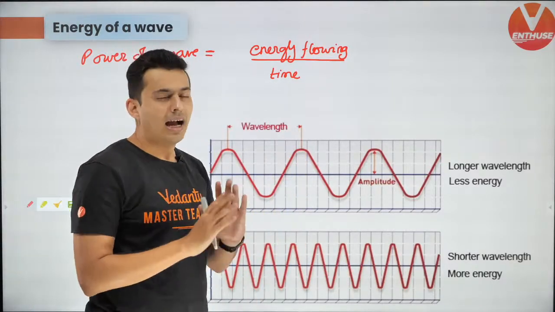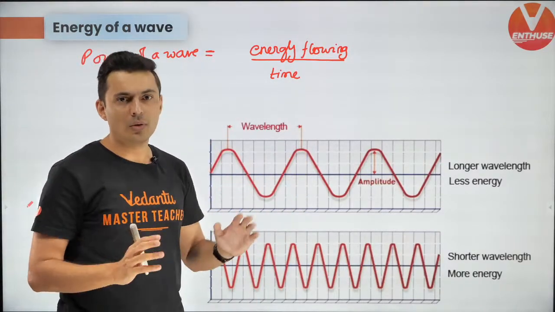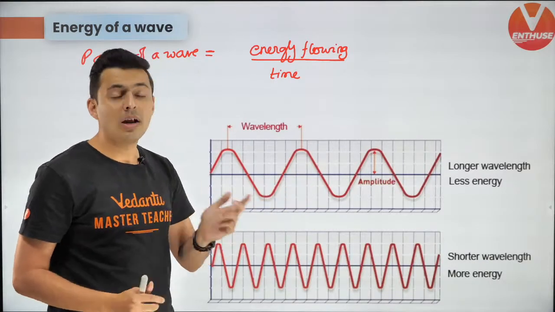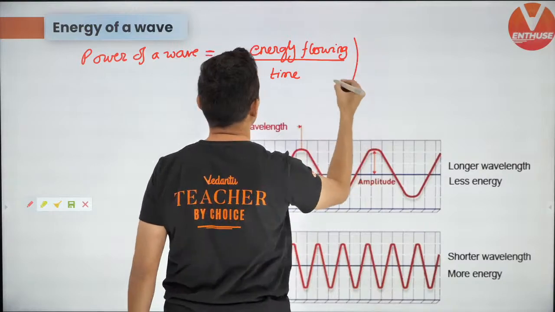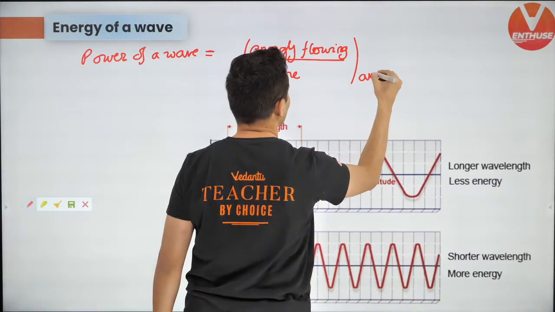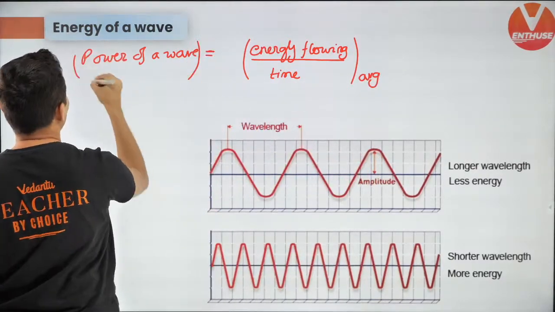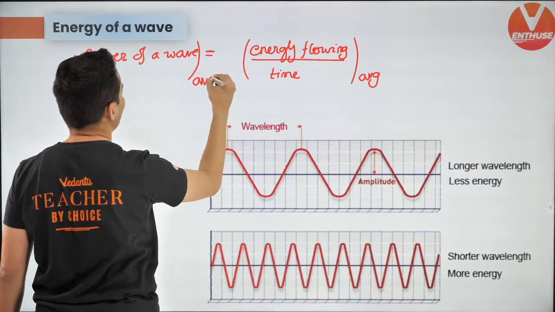Now the problem is, usually I don't want the energy flowing per unit time. I want the average flow of energy. So basically we are talking about averages over here.